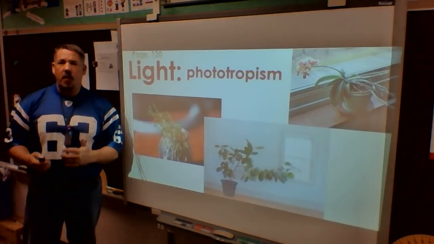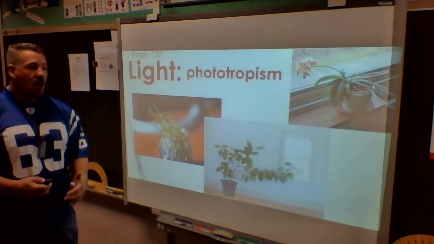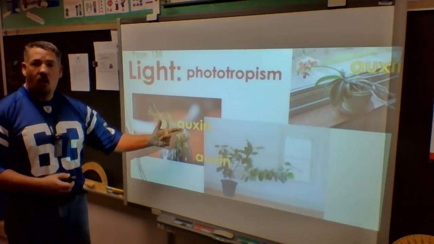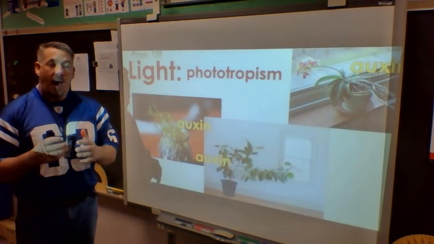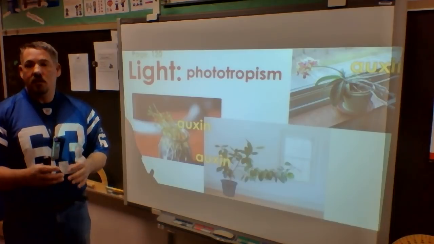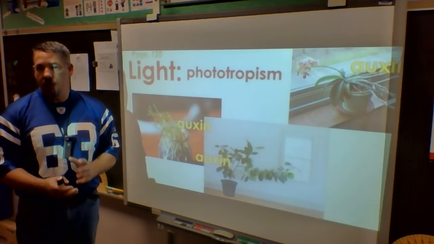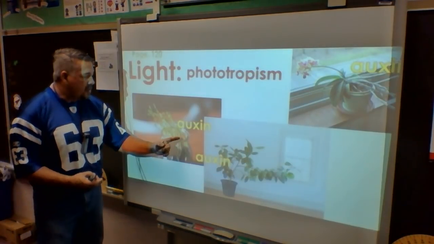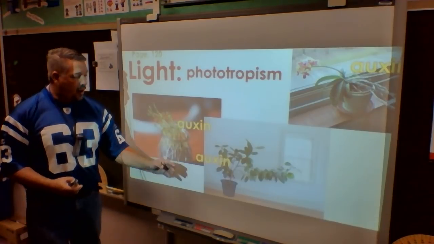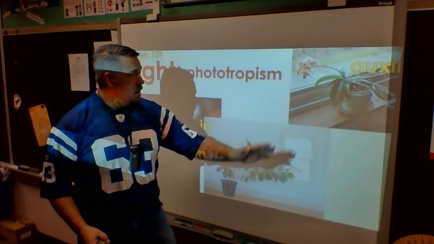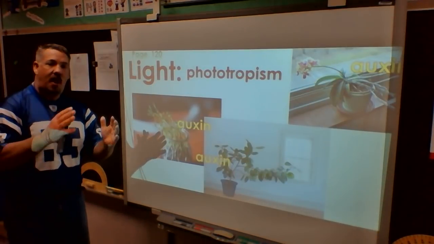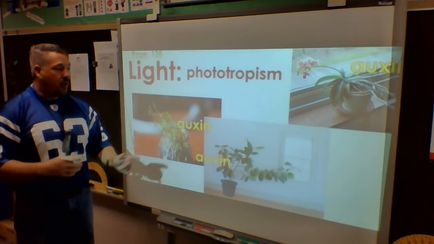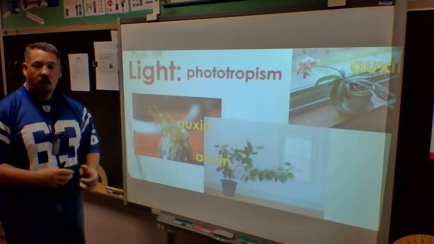What happens is we have this hormone inside of plants called auxin. Auxin is one of those chemicals inside of cells, and it activates when one side is not getting enough light. Basically, the cells on this side overproduce auxin, so those cells extend and bend the plant towards the light.